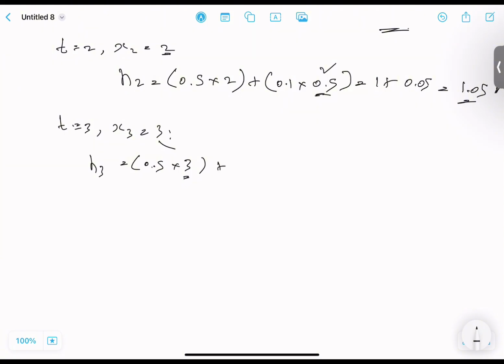Plus 0.1 into 1.05. Where does that come from? It came from the previous hidden state. So this reflects a representation of past plus present data. And the answer is 1.605.